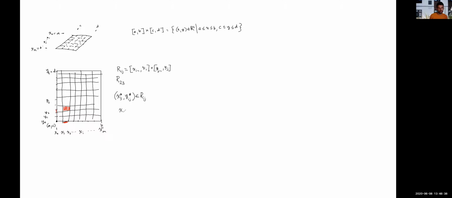So if I wrote x2,3 star, comma y2,3 star, all I mean by that is pick any point in that rectangle, any interior point, right? When we actually compute these things, we might decide to take midpoints or upper right corners, but it will work out equivalently for any point in the interior, just like we can pick any point in our intervals when we do rectangles in Calc 1, okay?